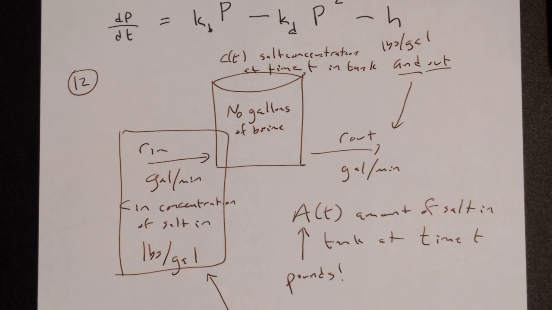I have an outflow, gallons per minute, which means the other piece of information I need is pounds per gallon. Where do I get pounds per gallon? I saw concentration. But that changes, right? That's that C of T thing. That's a function.